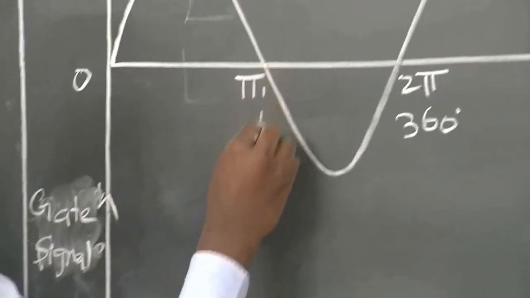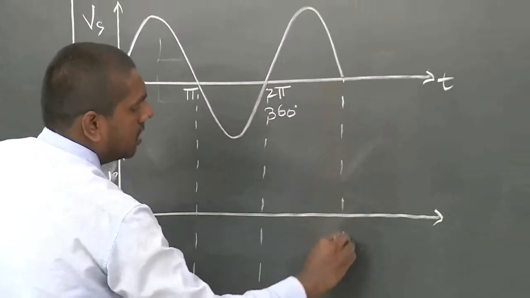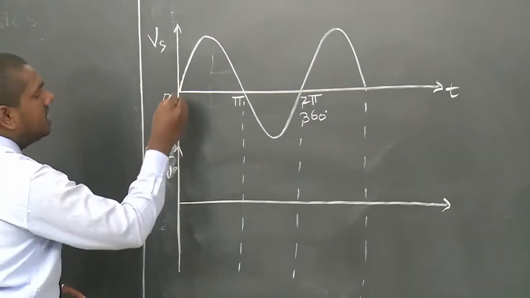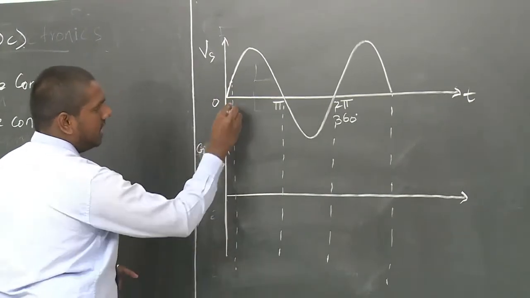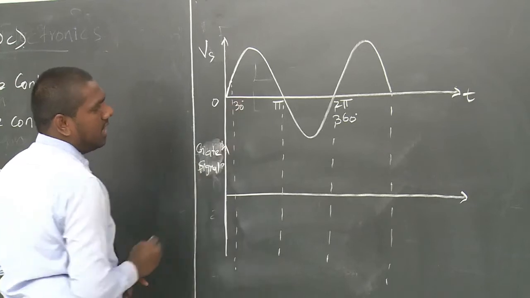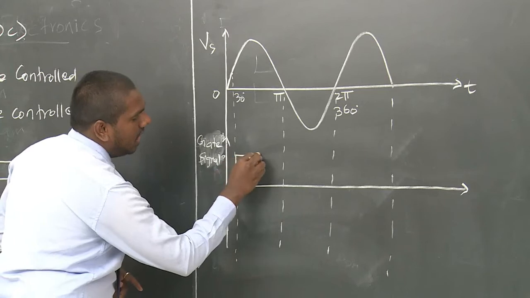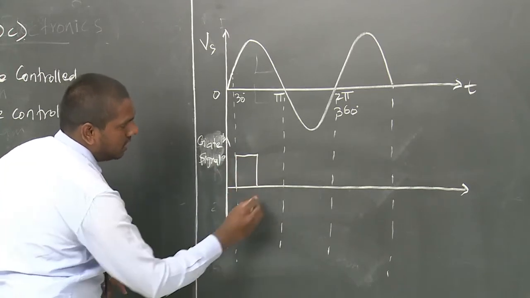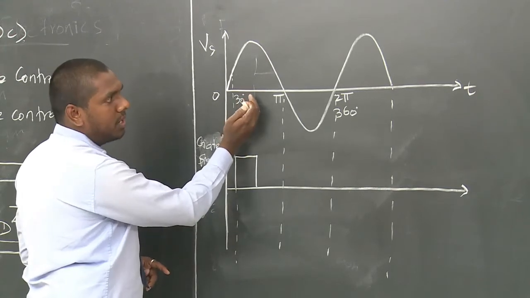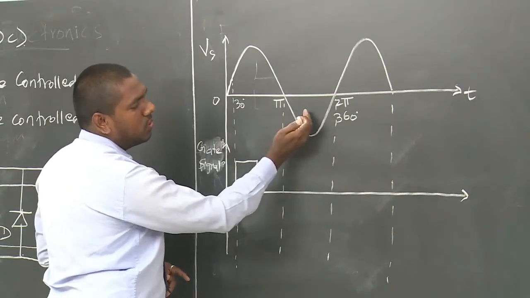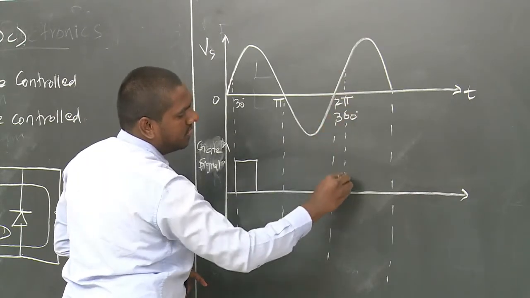Initially we have to give gate pulses at an angle of 30 degrees. You can start from the angle of 30 degrees. The gate pulses start from 30 degrees and end at some angle. Similarly only one thyristor will be operated, only in the positive region, so there is no operation in your negative region. Next we start from another positive region.